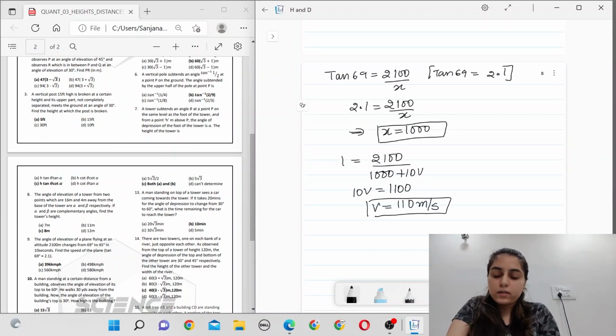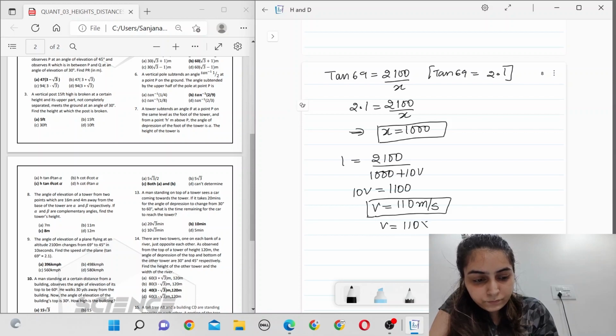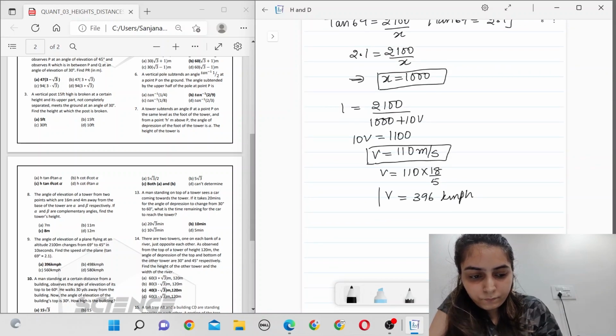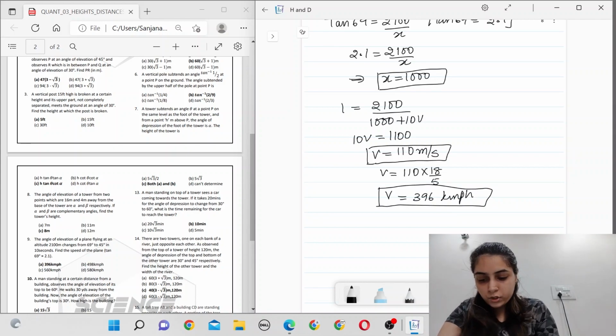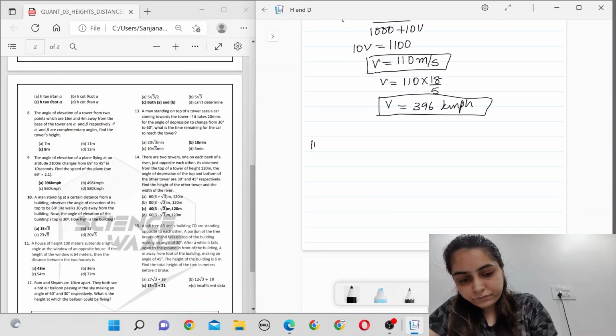But they have given us the answers in kilometer per hour. So we will be multiplying it with 18 by 5. So this is going to be 396 kilometer per hour. This is your answer. Answer is option A. Moving on to the 10th question.